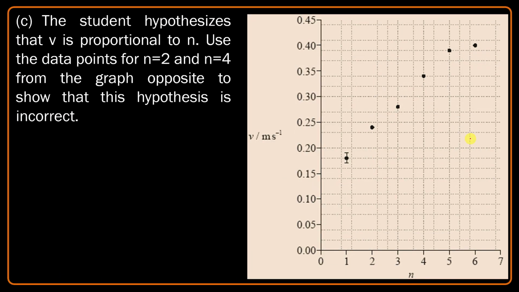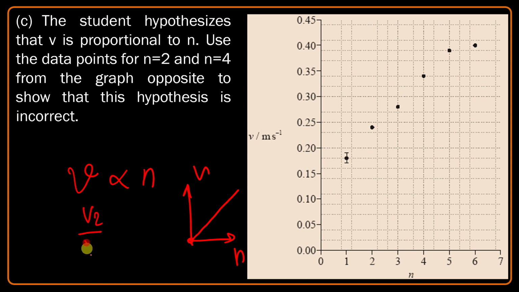Part C. The student hypothesizes that V is proportional to N. I may be suspicious about whether the velocity is proportional to N or not. Anyway, V proportional to N means that V versus N is going to be a line passing through the origin, or V2 over V1 is going to be N2 over N1.